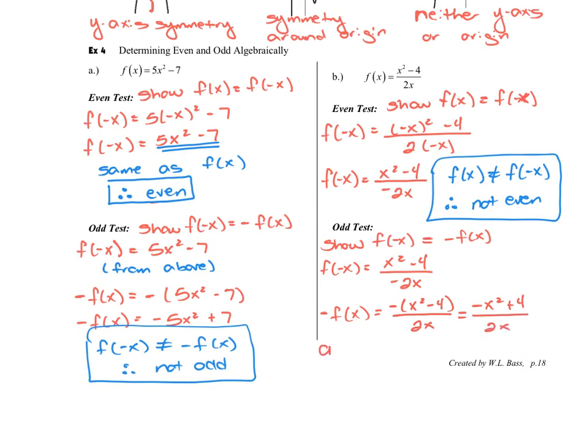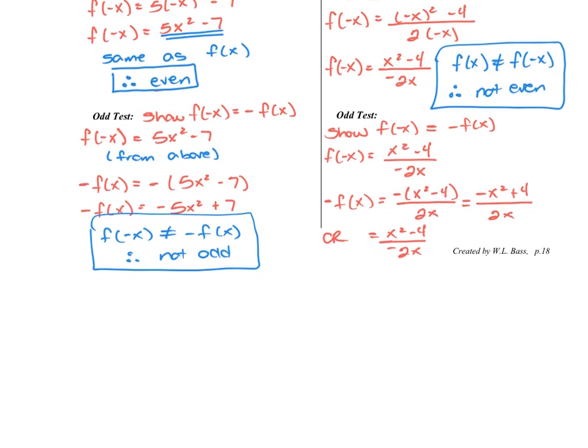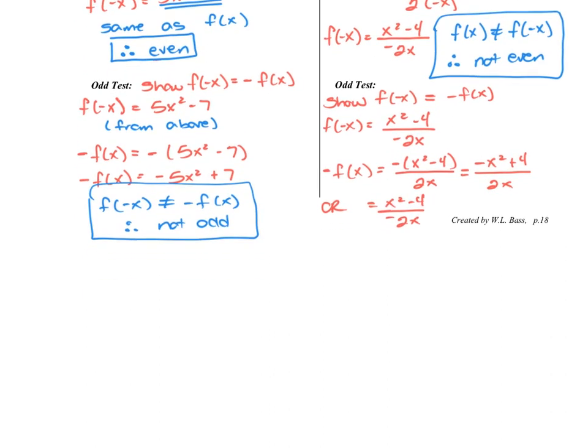Or I can choose to say that I have my x squared minus 4 over a negative 2x. So either one of these are the same. So this expression here is identical to this one. We just chose where we wanted to put our negative.